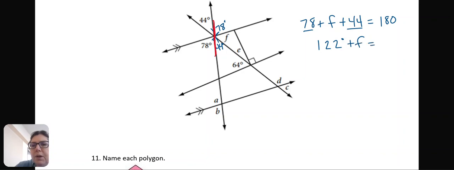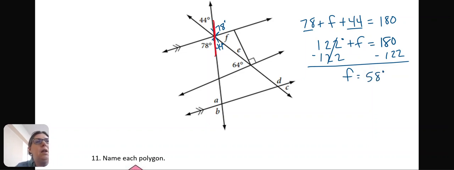So 122 plus F equals 180. So I'm going to take away the 122 to see how many degrees are left to go for F. So that is 58 degrees. So F is 58.